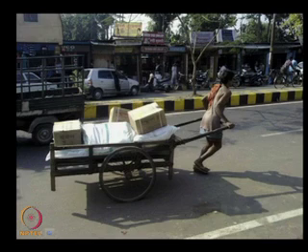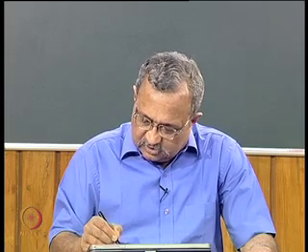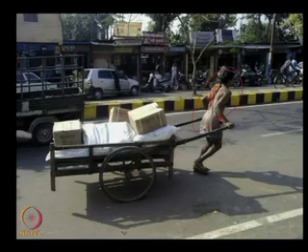While pulling this load, the upper body is used as the force applying component of the body. What happens at the waist area is that the belt puts some mark. Some study was done at the National Institute of Occupational Health, Ahmedabad, where they found that this type of pulling makes a mark on the belly area.